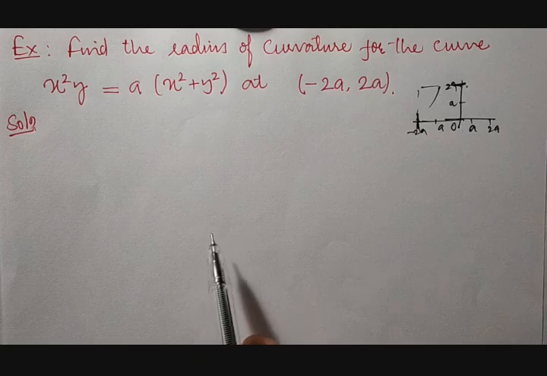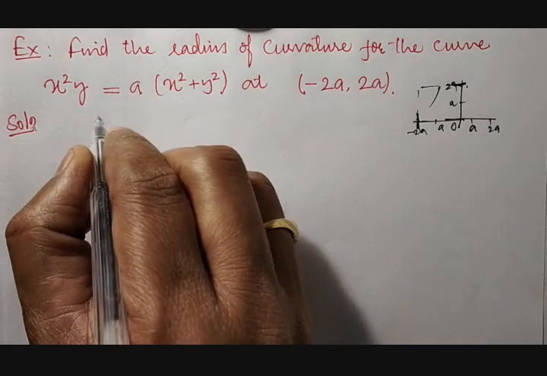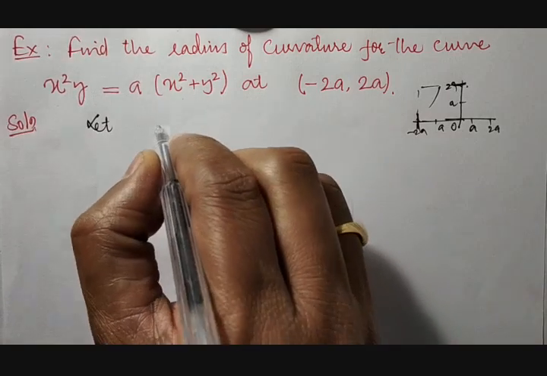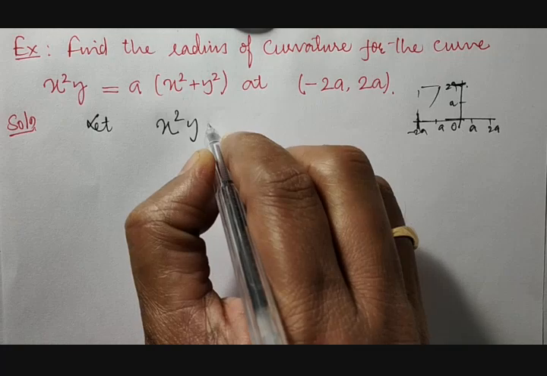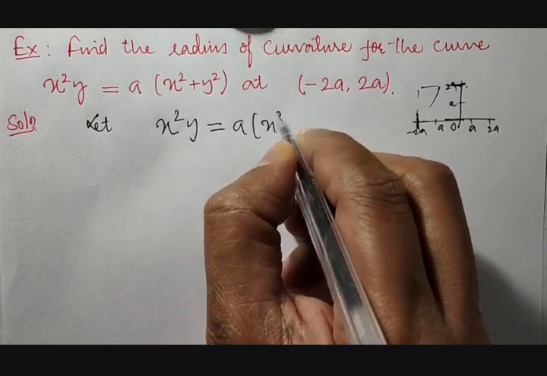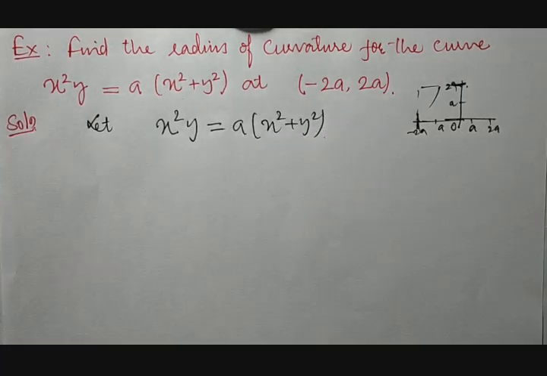Very first, let me consider the given example as it is, because we can go for differentiation directly. So x square y is equal to a into x square plus y square.